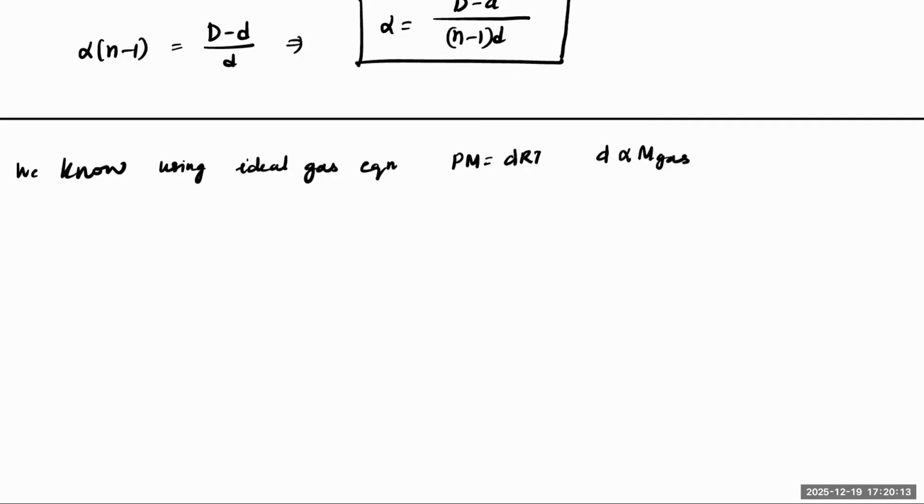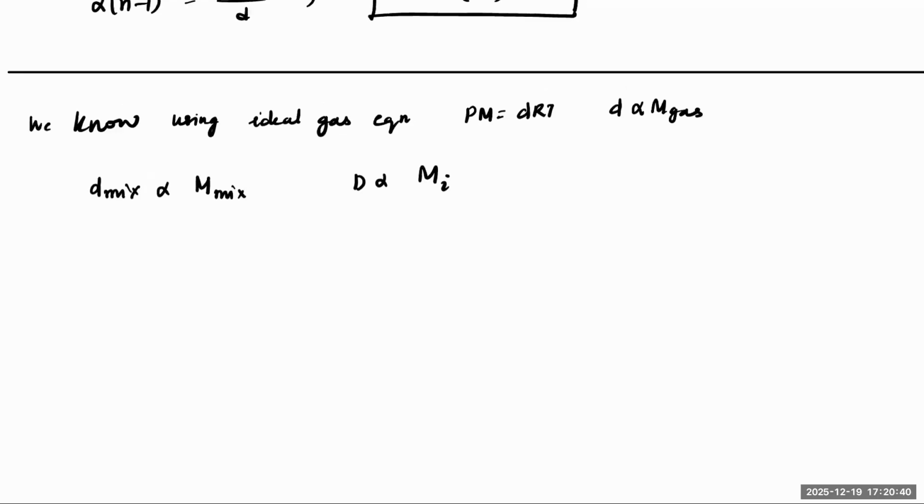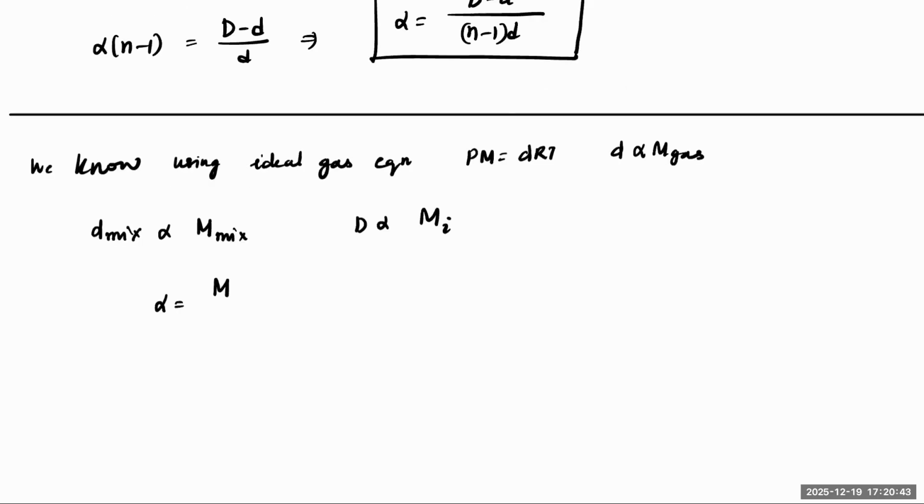So here I have a small d, which means it is of the mixture, proportional to the molar mass of the mixture, and initial density capital D is proportional to the initial molar mass, correct? So instead of the density term, I can always use this term as well. So therefore, alpha can be written as molar mass initial minus molar mass of the mixture divided by n minus 1 into molar mass of the mixture.